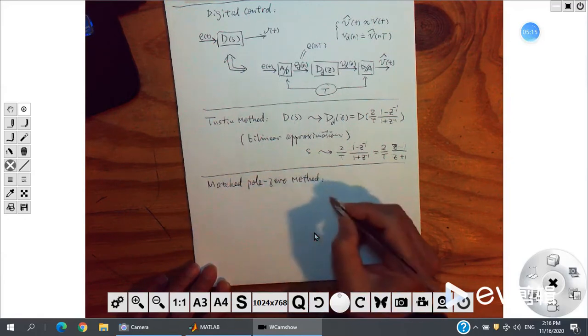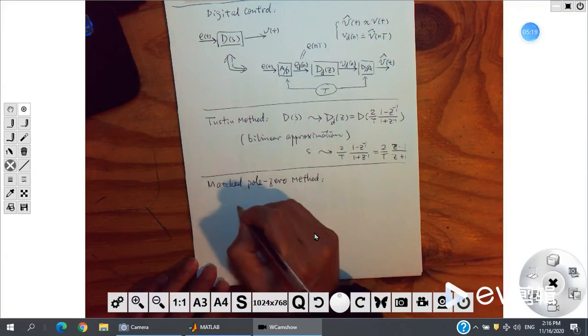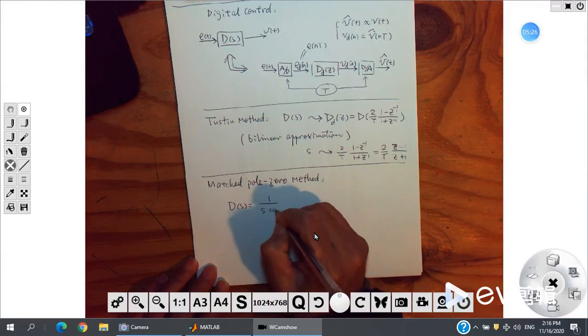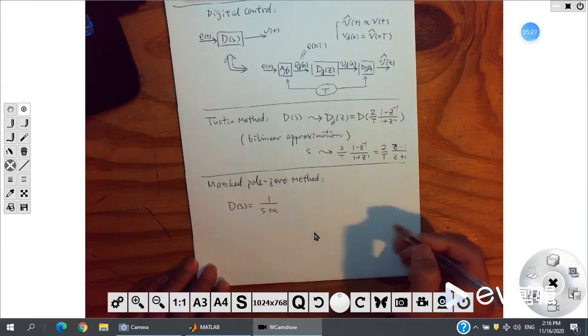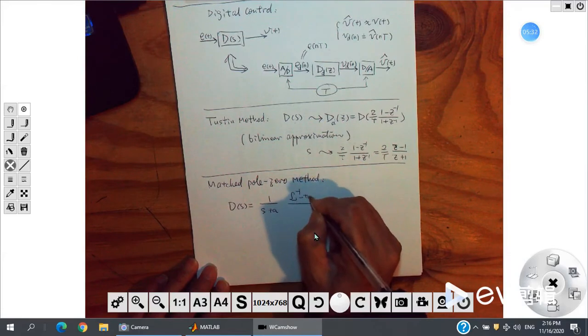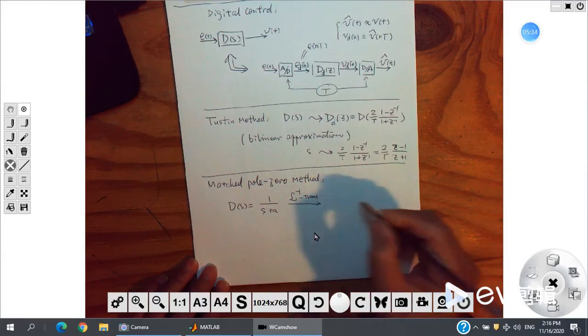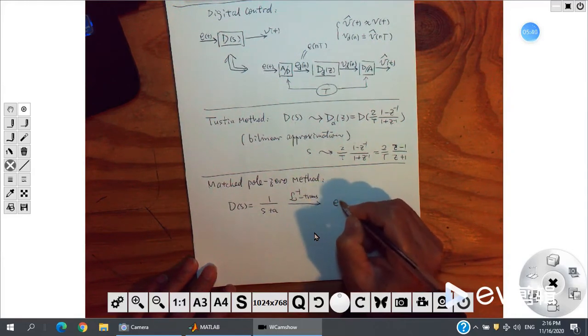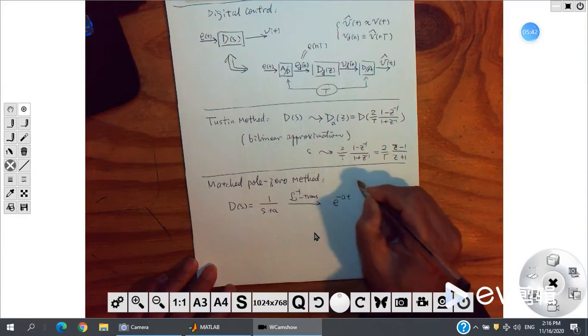Suppose we have a transfer function D of S, which is 1 over S plus a. Then we perform the inverse Laplace transform. This is an impulse response, e to the negative a t.